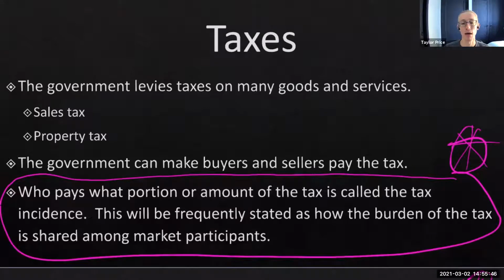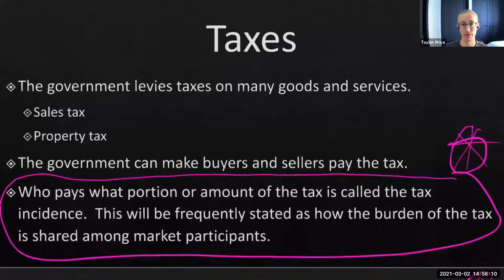the burden of taxation will frequently be slightly higher on buyers or slightly higher on sellers, depending on the elasticity of the demand or supply curve. That's how we think about taxation, because ultimately the total amount of the tax doesn't change.